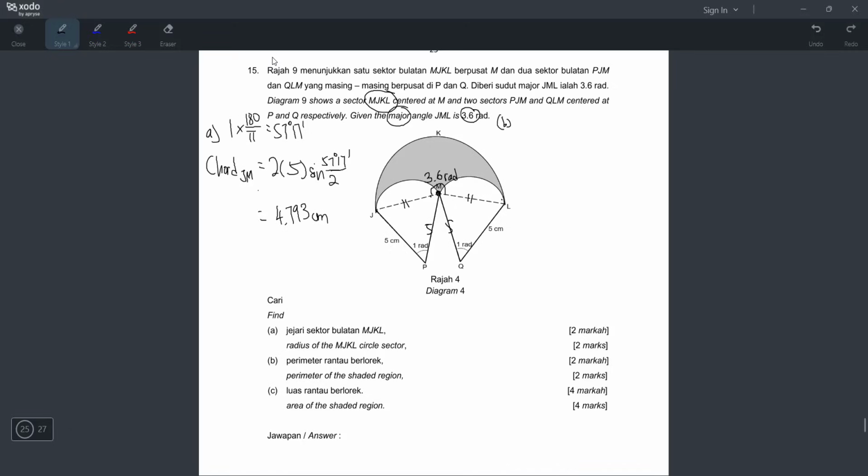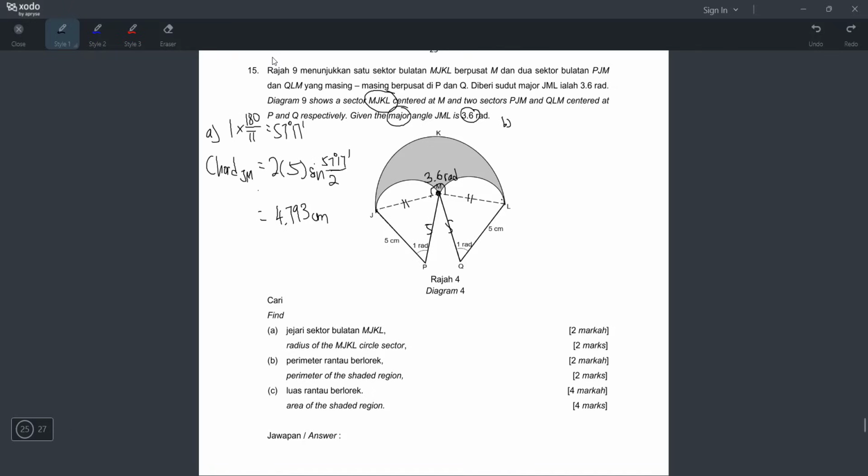Okay, let's go for B. Find the perimeter of the shaded region. Shaded region means you have to add all the lines outside, right? All the outside lines. And how many lines you have to add? 3 lines. 1, 2, 3. So how to find perimeter? I first need to find the arc JM, the arc ML and the arc LKJ, right? Can I find the arc JKL?